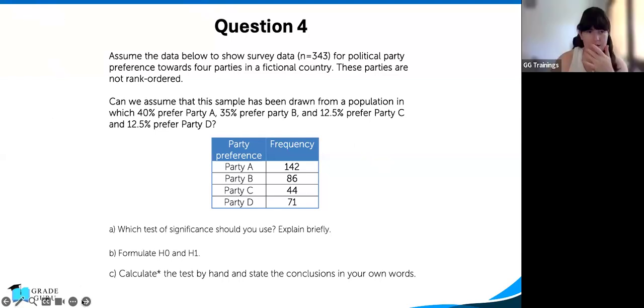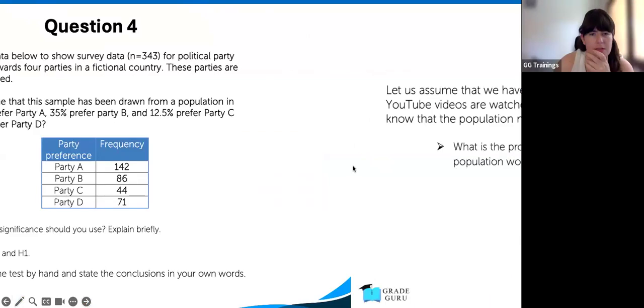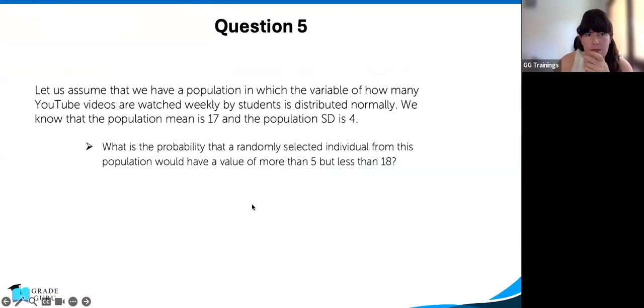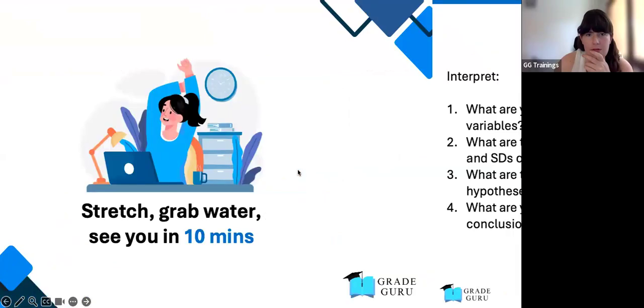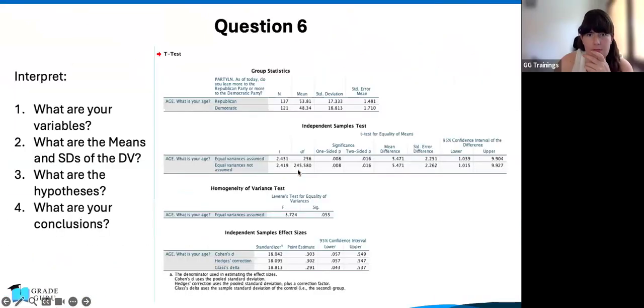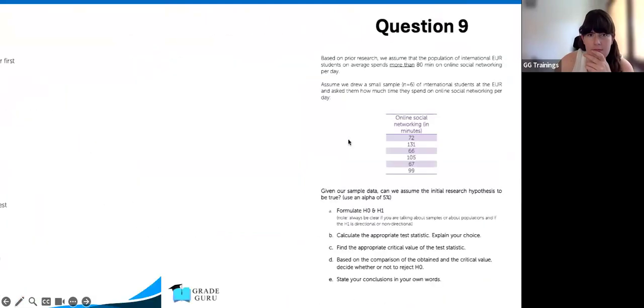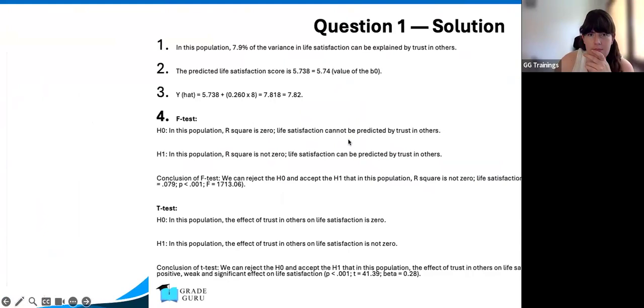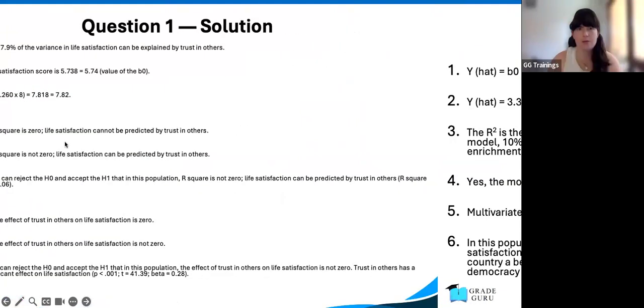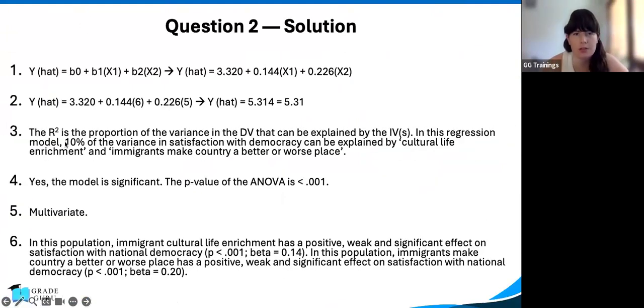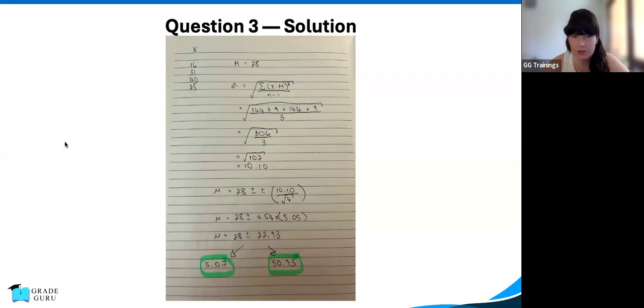All right, guys, I'm going to go through it. I'm going to skip ahead to where all the solutions live. Okay. So this was your question 3 solution. It was for your confidence interval. Did everyone get the correct answer?